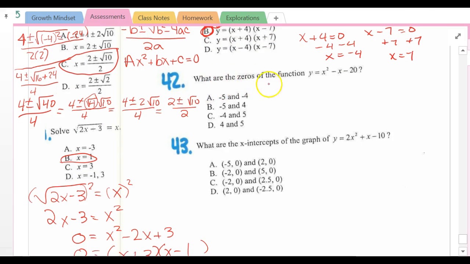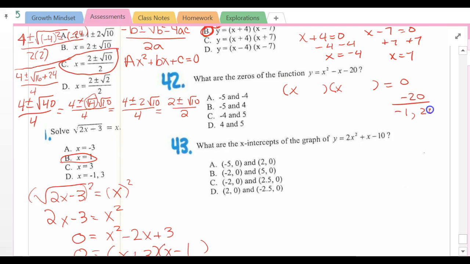42 says, what are the zeros of the function? Zeros and x-intercepts are the same thing. So what we want to do is factor this and set it equal to 0. So this time we're looking for the two numbers that multiply together to give me -20 and add together to give me -1.